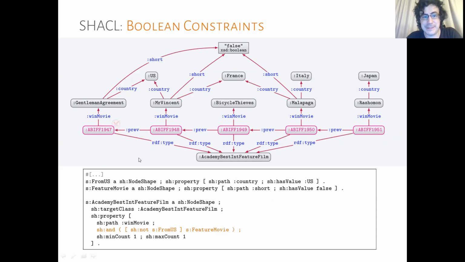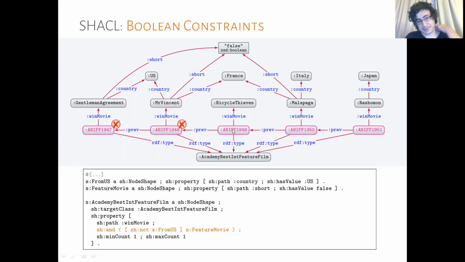So already this node will fail, right? Because its movie is from the US. What about this one? This one is from the US, but it's also from France, okay? But since it has the value US for the path country, it also fails, right? So this award fails because its movie is from the US.